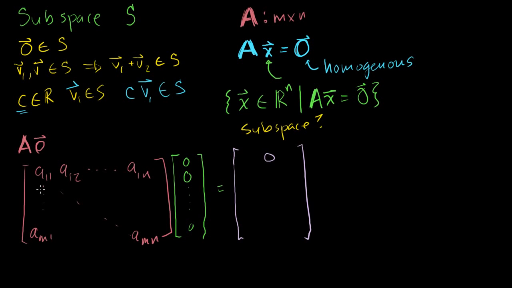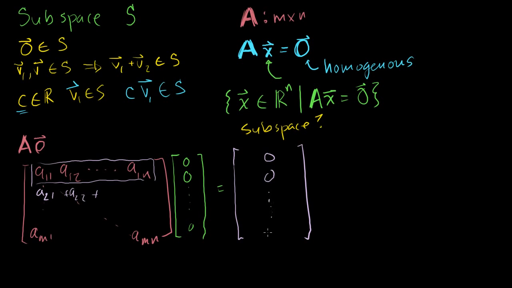Now this term is going to be A21 times 0 plus A22 times 0 plus A23 times 0, all the way to A2n times 0. Well, that's obviously going to be 0. You can kind of view it as the dot product of a row with this column vector. I haven't defined dot products with row vectors and column vectors, but I think you get the idea. It's the sum of each of these elements multiplied with the corresponding component in this vector. And of course, you're always multiplying by 0 and then adding up.